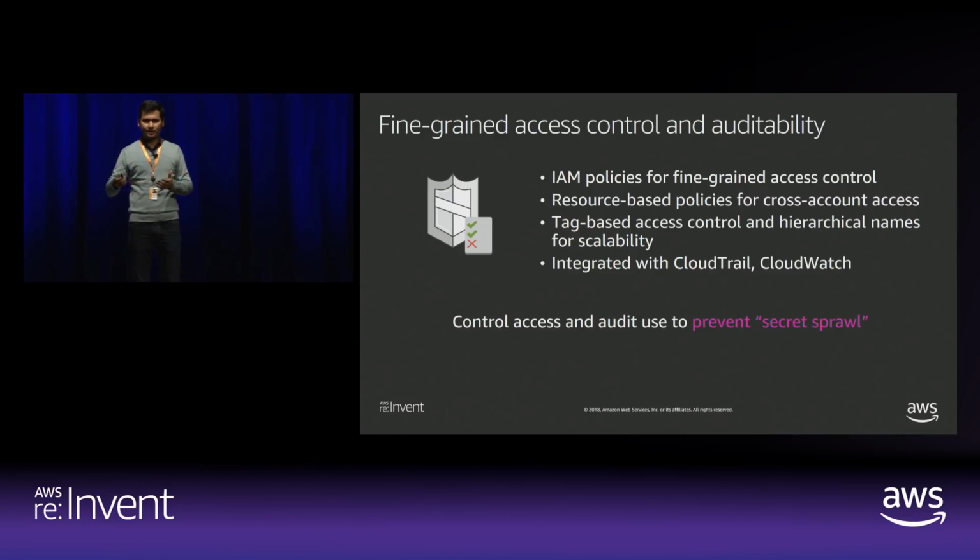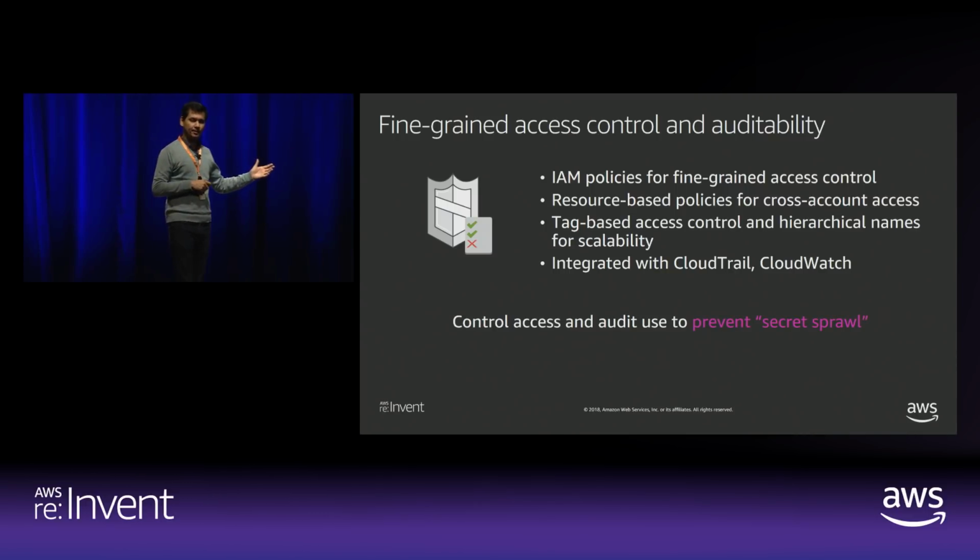So you can write a policy that employee Bob can retrieve data from the test database whenever he wants. But if he wants the database credentials for the production database, he must come in from the corporate IT network, and he must provide a second factor of authentication. So those are the kinds of details that you can add in an IAM policy to get very fine-grained access control to your secrets.